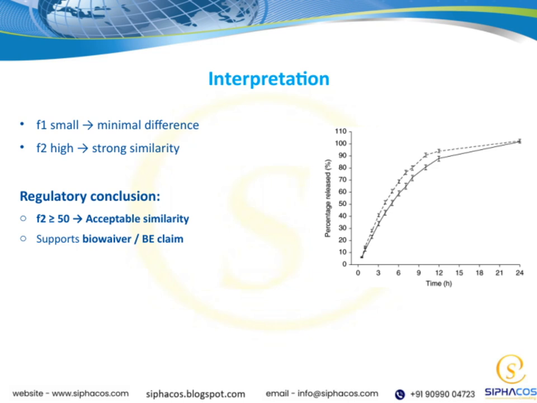This is crucial because such a result supports the case for a biowaiver or a bioequivalence claim, meaning that the test product can be approved without additional in vivo studies. This threshold helps streamline the approval process and ensures consistent quality standards. Remember, the key point here is that an F2 of 50 or above is a positive indicator, reinforcing the acceptance of similarity and supporting regulatory decisions.